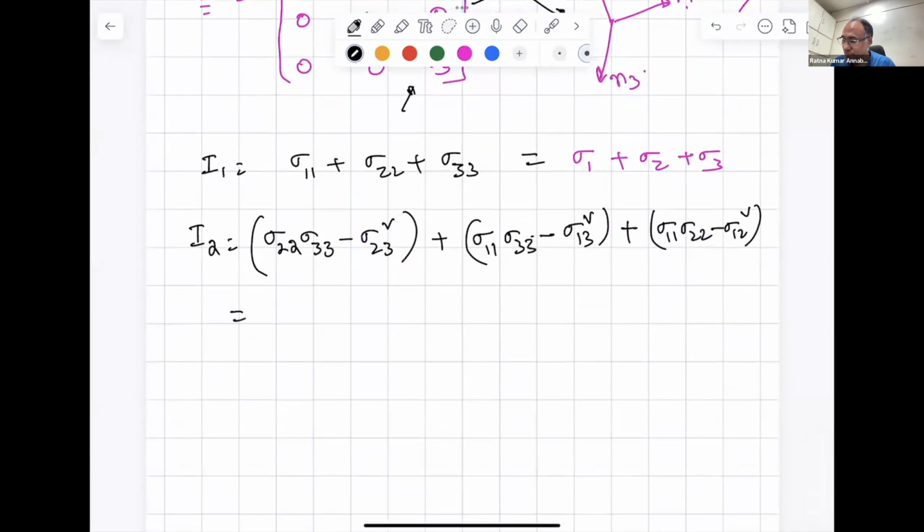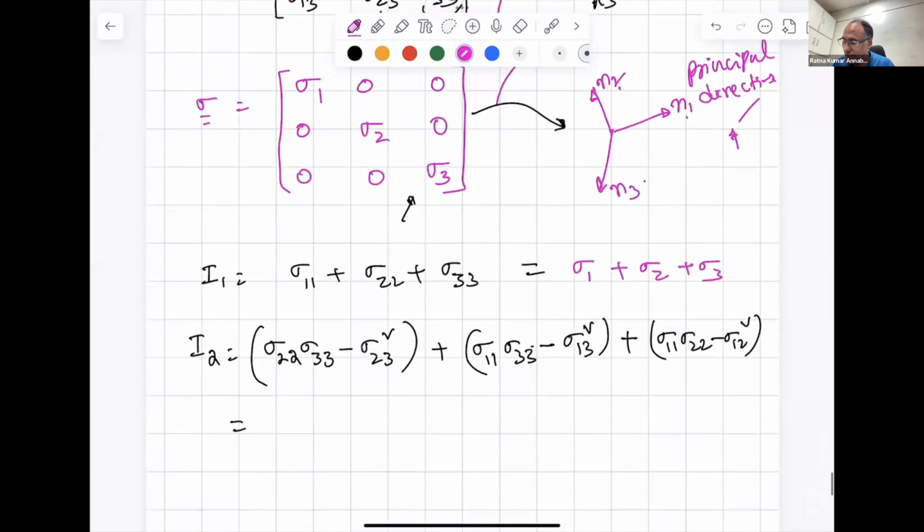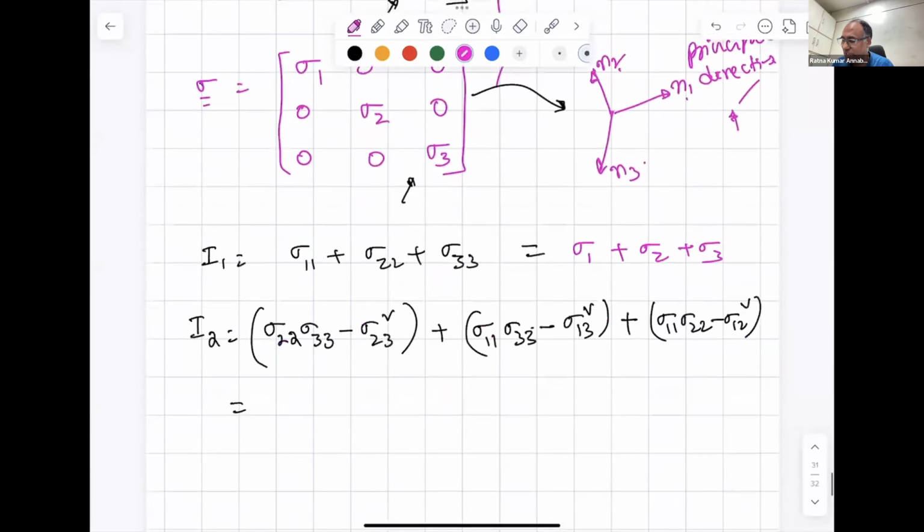That is for the first one. Second one, what will be the principal minor? Sigma 2 sigma 3 plus sigma 1 sigma 3 plus sigma 1 sigma 2.